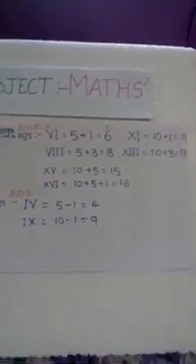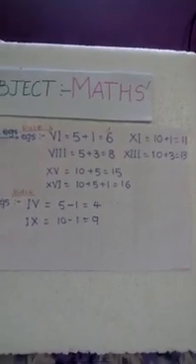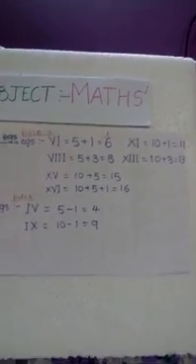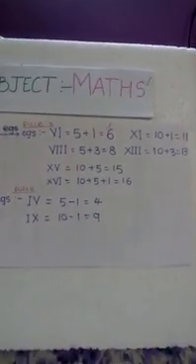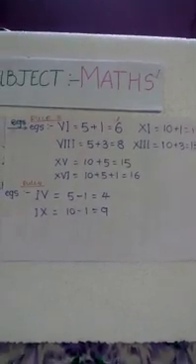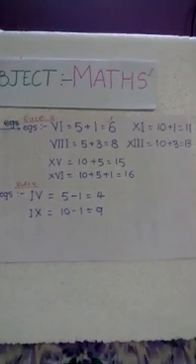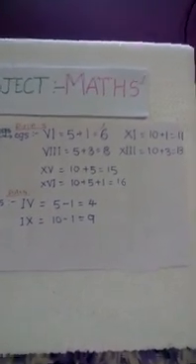So the number you get is 4. In the next example, you can see I is written on the left hand of X. So 1 is subtracted from 10, that is equal to 9. So let's have a look at all the 4 rules again.